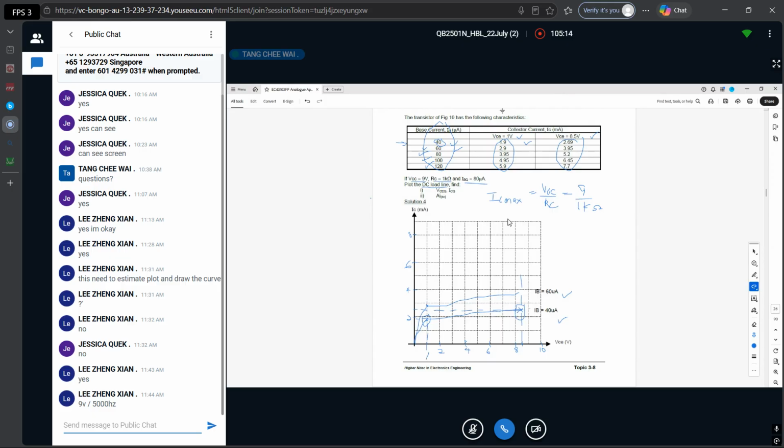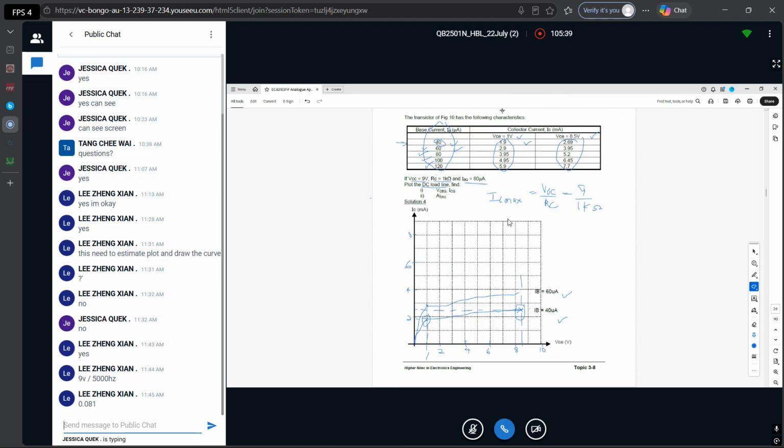What is 9 divided by 1000? How do you get 0.081?